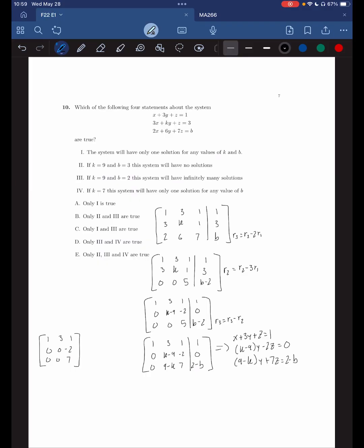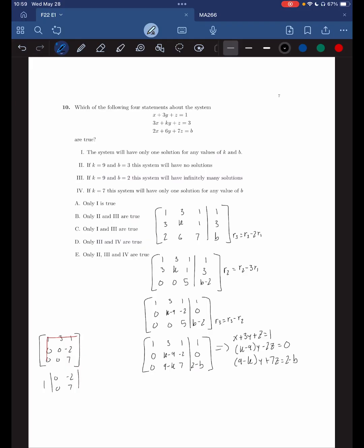Because what I'm trying to do is take a determinant right now. If you look closely, when you take this determinant, you go like so, and then you get 1 times the matrix of 0, -2, 0, 7. If you ever have two 0 entries in a 2 by 2 matrix and you're trying to find the determinant of that, it'll always be 0.